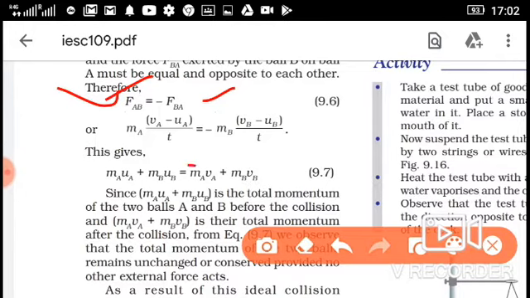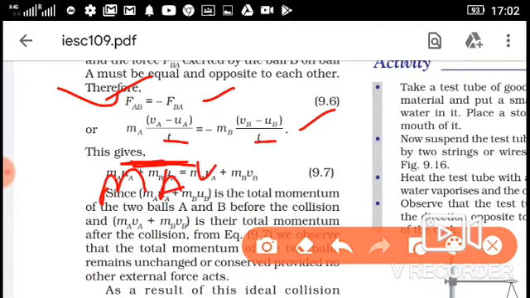This is the rate of change of momentum of ball A, and this is for ball B. When you solve it, cancel t with t, and it will come out like MA UA minus MA VA.